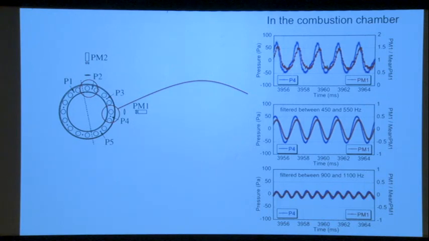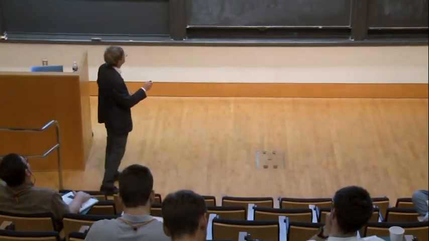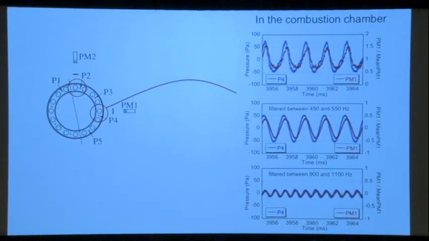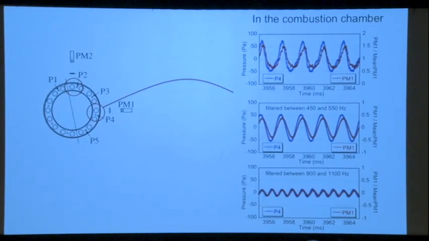So there is a phase match between the microphone and the heat release, for example, right here. If we look at this level here, it is also true. So P4, PM1. These are in fact two signals for P4 and PM1 right here.